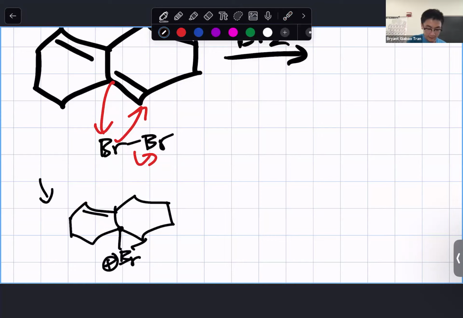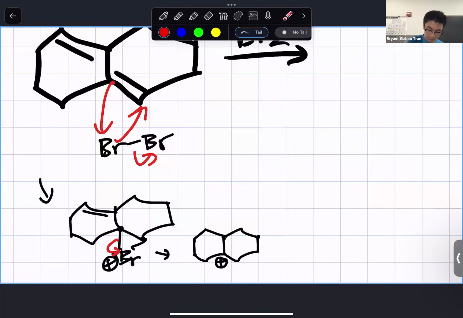This leaving group could just leave by itself first, where we have to choose which bond will break open the bromonium ion. We want to break the bond that will give us the more stable carbocation, which is this carbon right here, because it is tertiary allylic. Since we want the carbocation there, we want that carbon to lose a bond. So we're going to break open the ring that way to make that carbon lose a bond and give us our more stable carbocation.